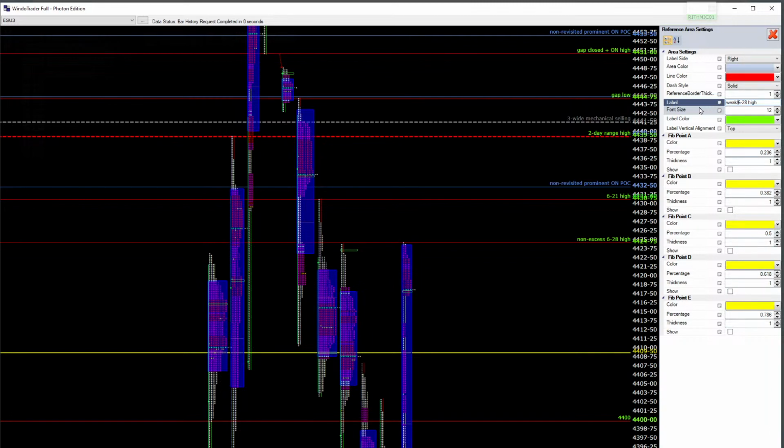Why is it weak? Because it was sold from this high. Why is it poor? Because it has no excess. So it has good odds the market will be taking it.